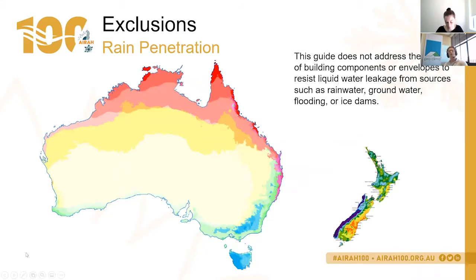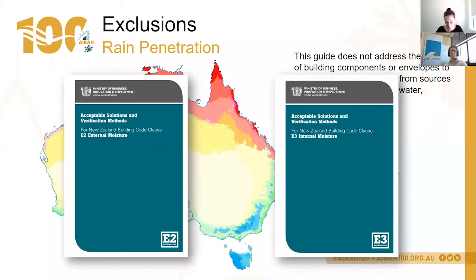If we take some guidance from New Zealand off the back of the $47 billion of damage from the leaky building crisis, some clever committee in New Zealand worked out that it was a good idea to break this problem down into external moisture problem, rain and weatherproofing, and internal moisture problem, which is the indoor latent heat loads, moisture, vapor pressure on the inside of the building and outside of the building in terms of weather, to come up with healthy building systems that are dry and durable. So those are the fundamental principles.